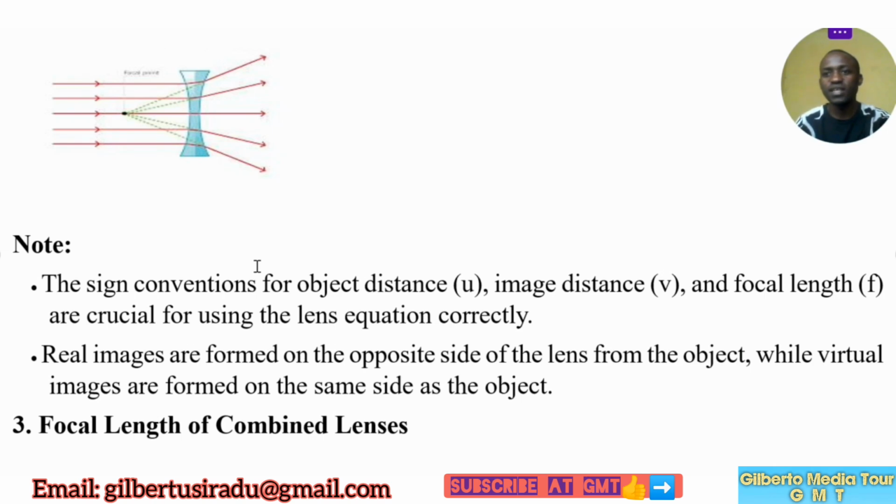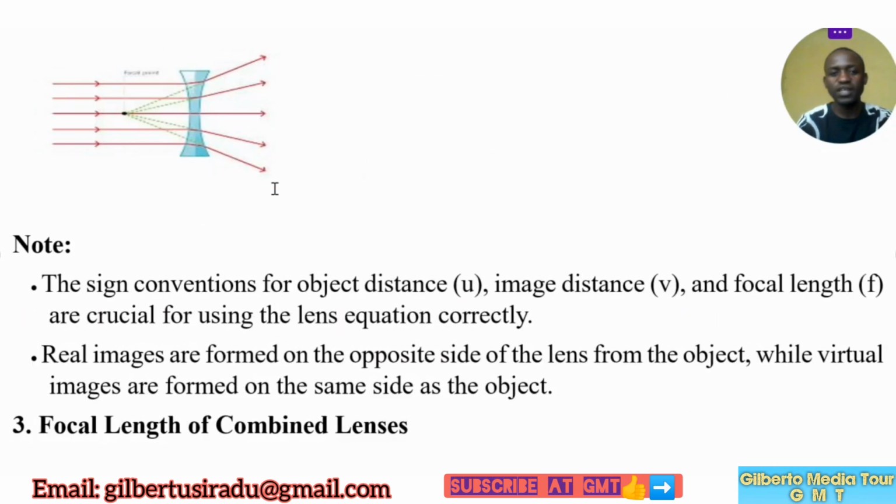Whereas the real image is the image which is formed on the opposite side from the source of rays, which is always inverted. That's what we call real image. So when magnification is negative, it means that the image is inverted. When magnification is positive, it means the image is upright, a virtual image.